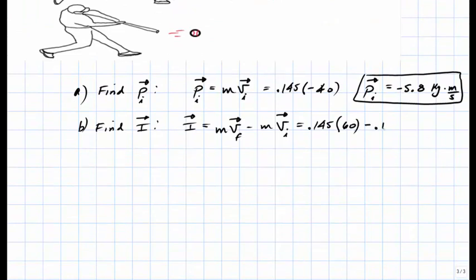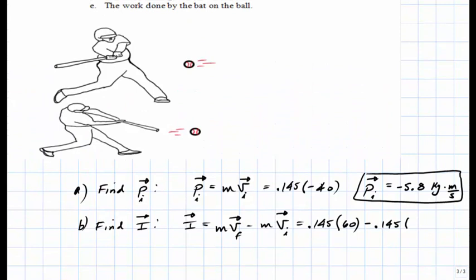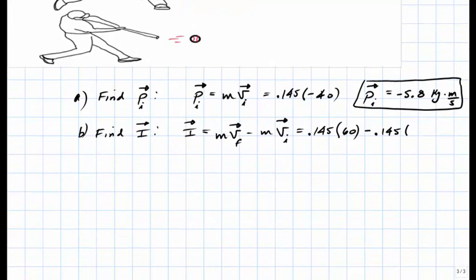Minus, the mass again is 0.145, and the initial velocity, again, let's note that the ball is traveling towards the left initially at 40 meters per second, so we're going to enter it as a negative 40 into our equation. Which produces a double negative, of course, and the effect of a double negative is just a positive.